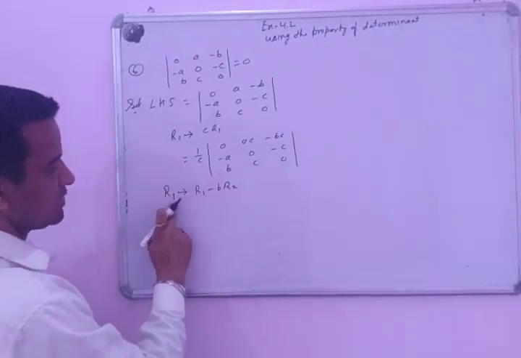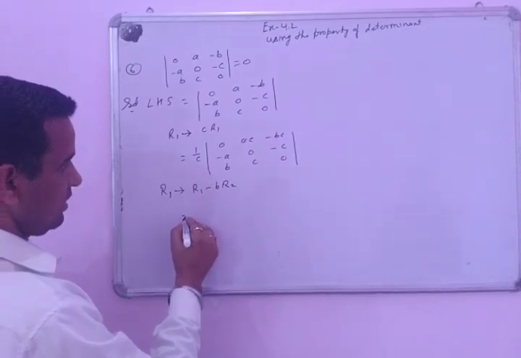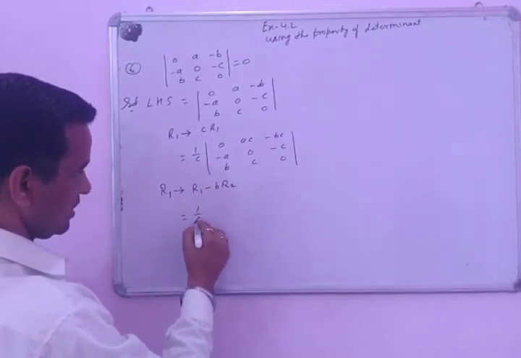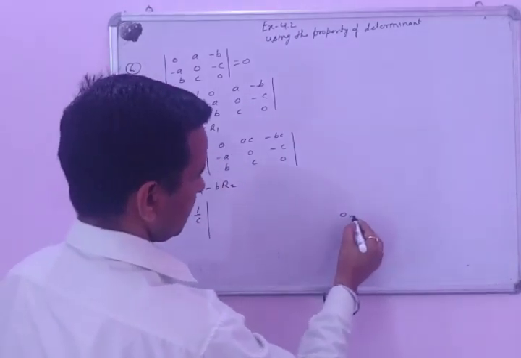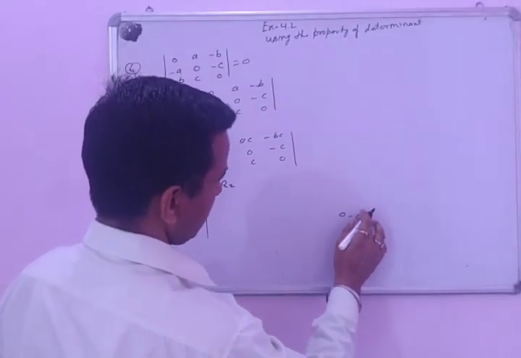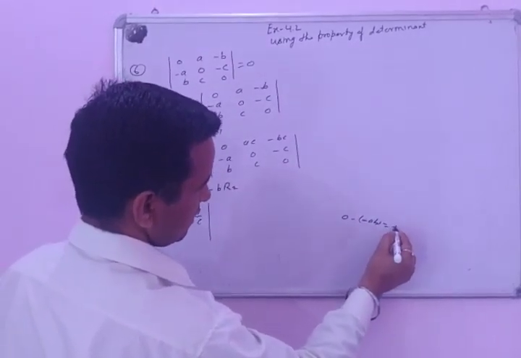R1 operating with R1, then R1 minus BR2, then 1 upon C the same. What is subtracted here? 0 minus A, 0 minus AB, so minus, plus AB.